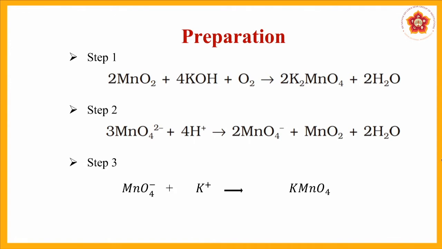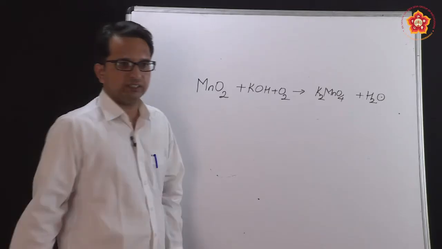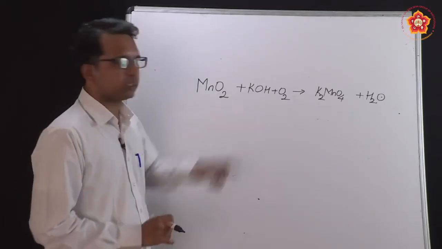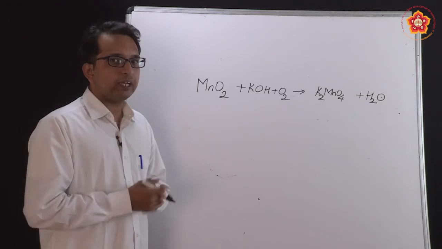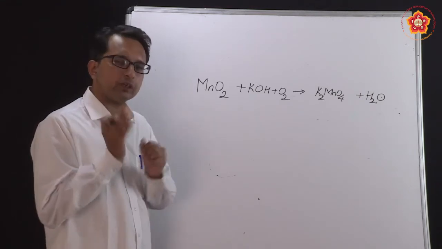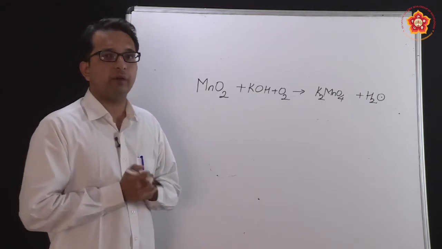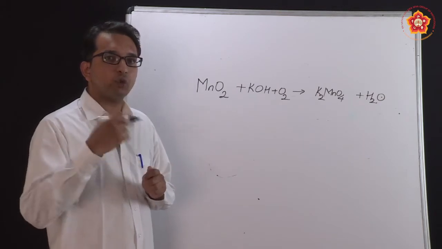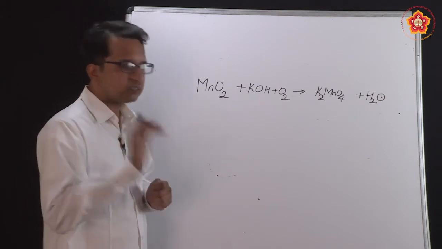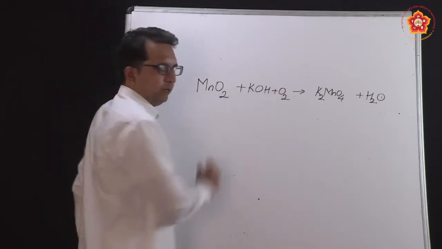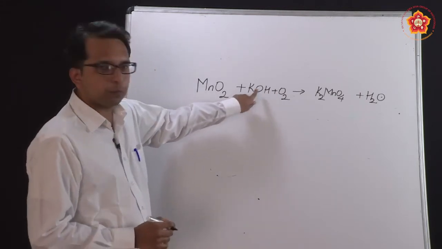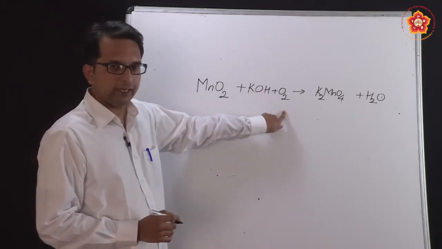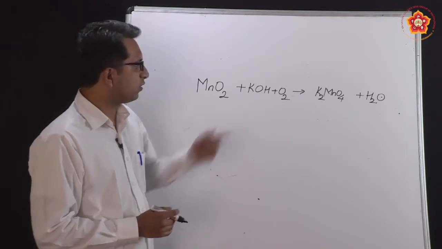So, this reaction, what it does for us is it involves fusion with a base. Remember the earlier preparation of potassium dichromate, there also a similar process was undertaken, where there it was fusion with sodium carbonate and air. Whereas now here, depending on their properties, we have the fusion with potassium hydroxide and air, and these are the products that are formed here.